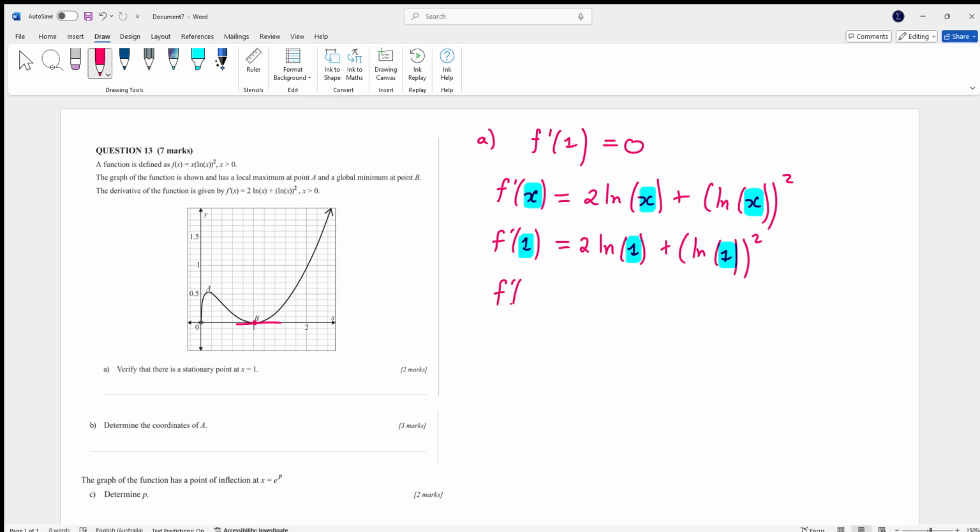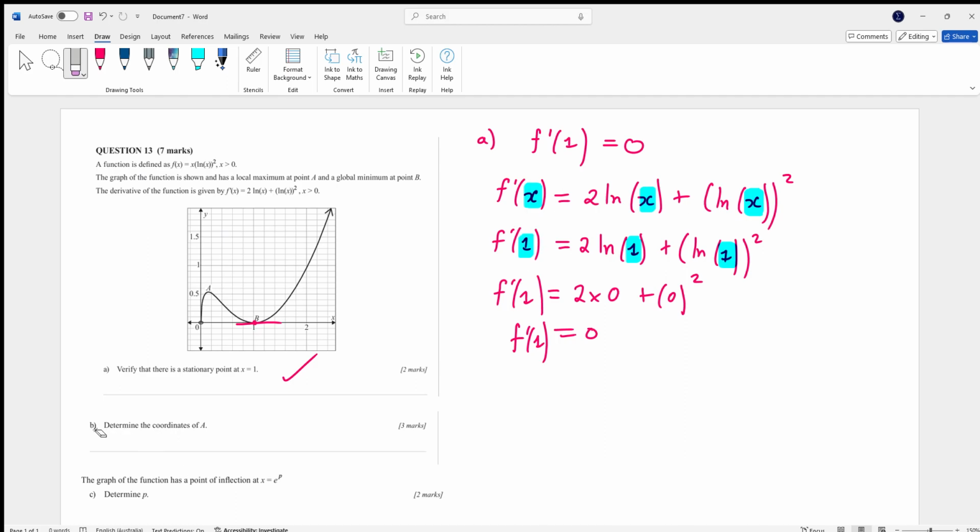So here what you would show is 2 times 0 plus 0 squared, so you get 0. Hence we verify that x equals 1 is a stationary point. So that should give you your 2 marks there. Pretty easy question to start off with, but again, hopefully you remember that ln of 1 or log of 1 is 0, otherwise it would be a bit trickier to verify it.